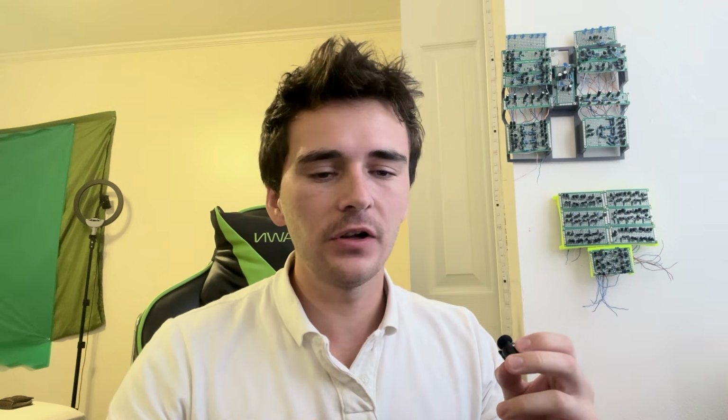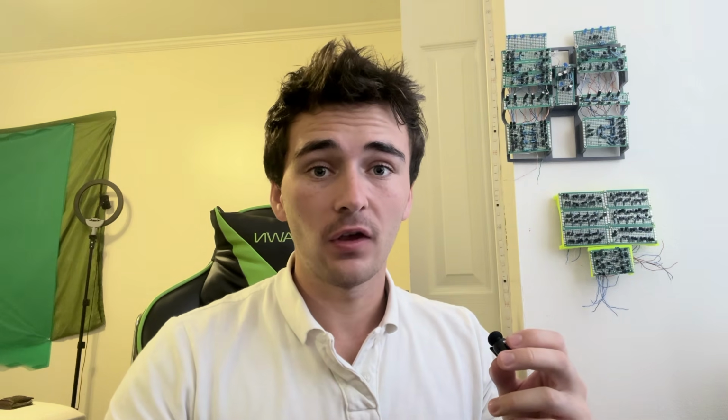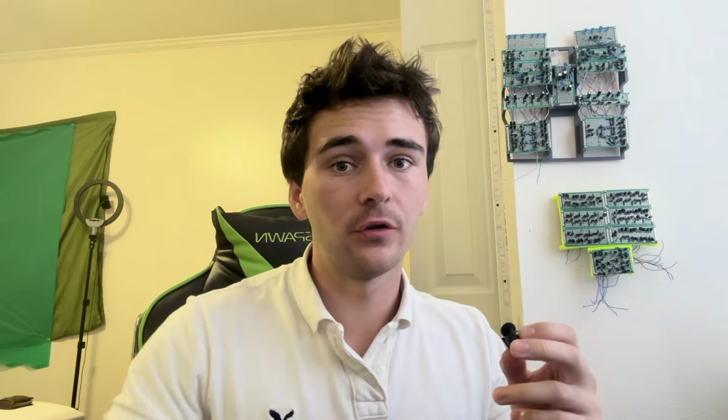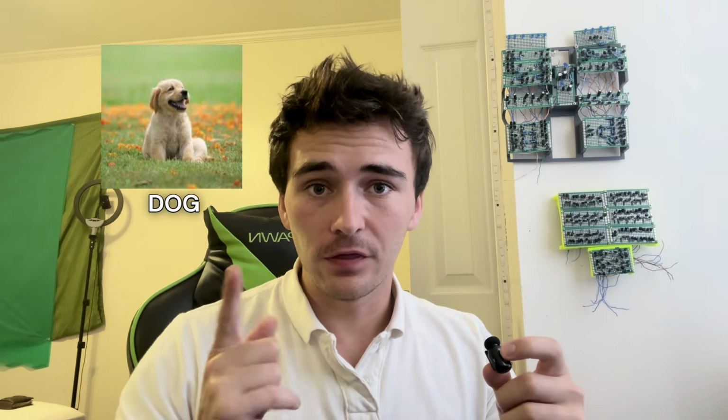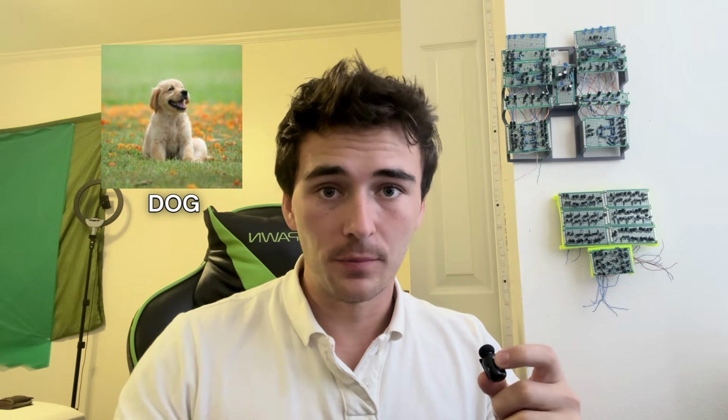A neural network is something that can be given a set of outputs that we want it to have, and then it learns how to get those outputs from certain inputs. For example, let's say we showed a computer a picture of a dog, and we said, this is a dog, remember what it looks like.